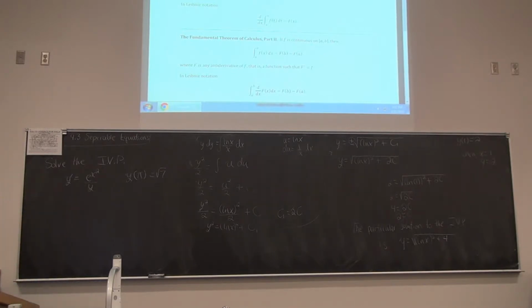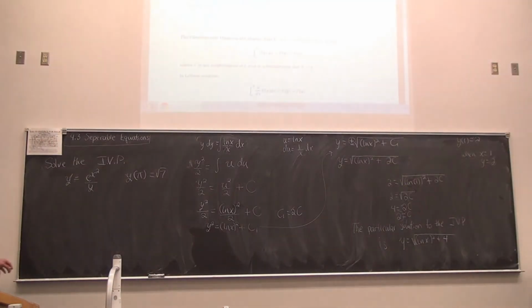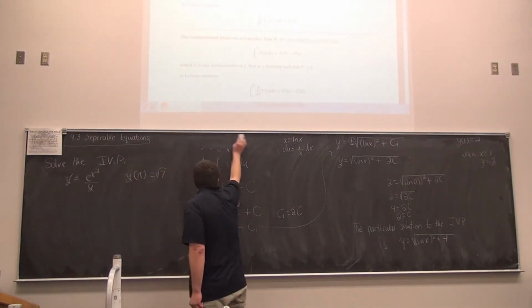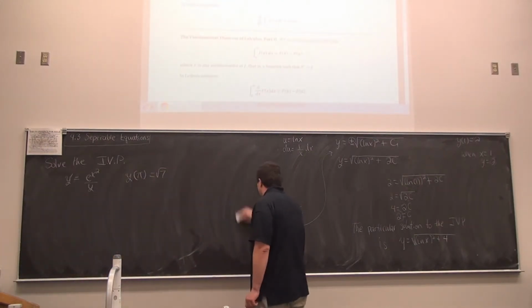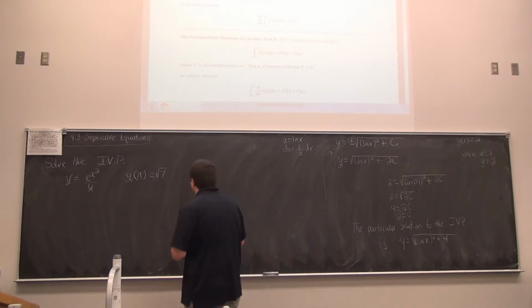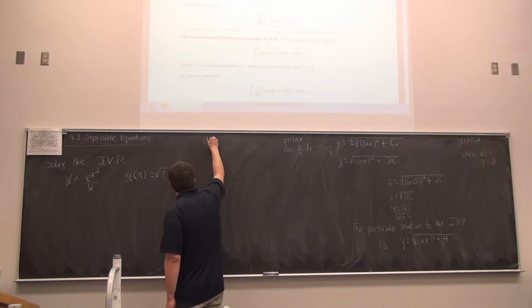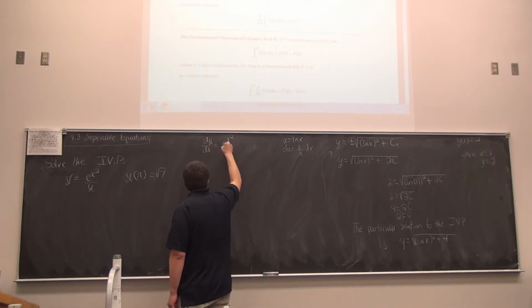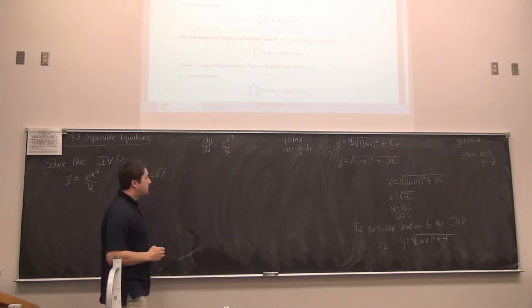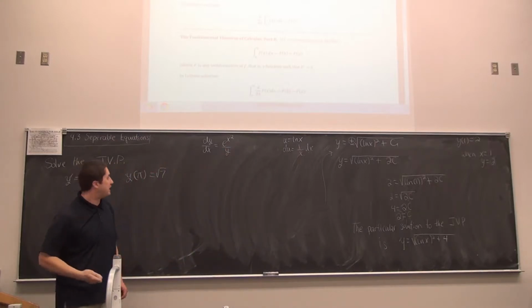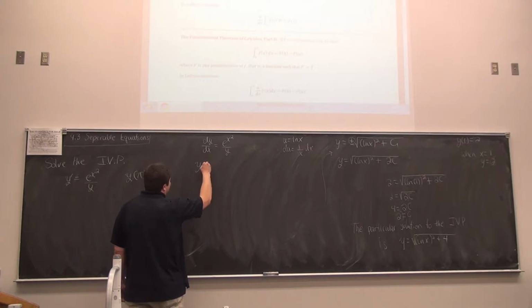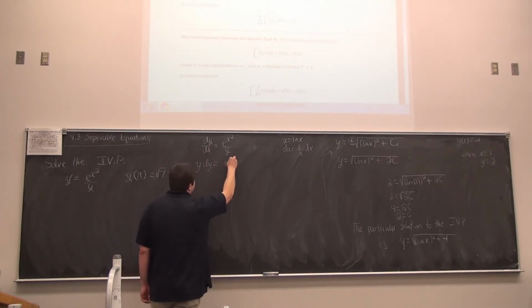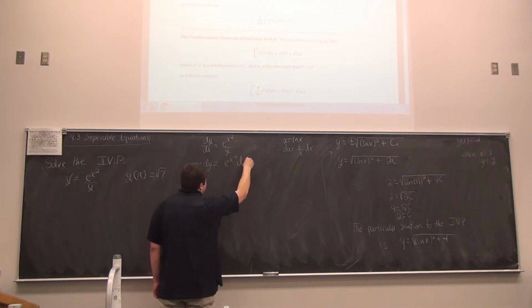Okay, so let's first separate the equation as before into two parts. Instead of y prime, we'll write dy/dx is equal to e to the x squared divided by y. So let's take two steps at once: multiply both sides by y, so that we'll have y dy, and multiply both sides by dx, so that we'll have e to the x squared dx.